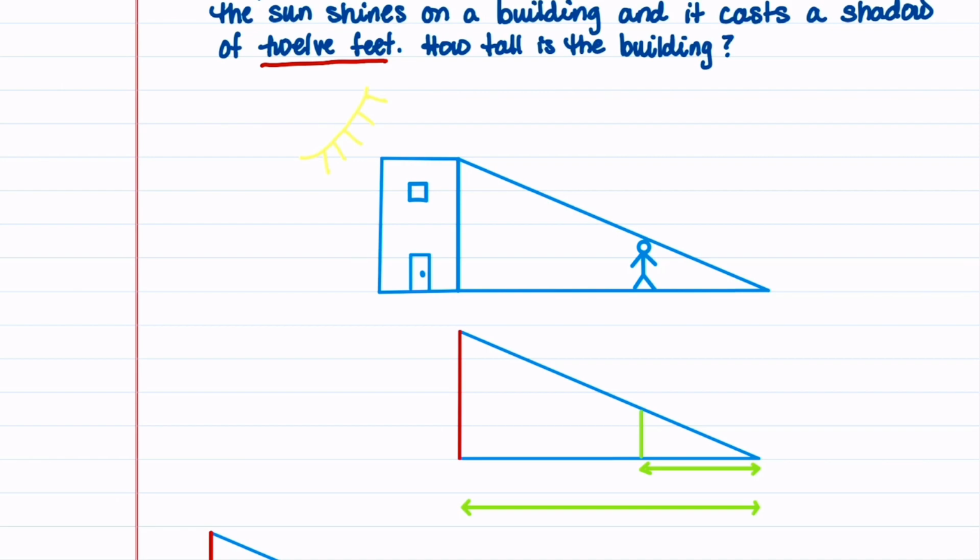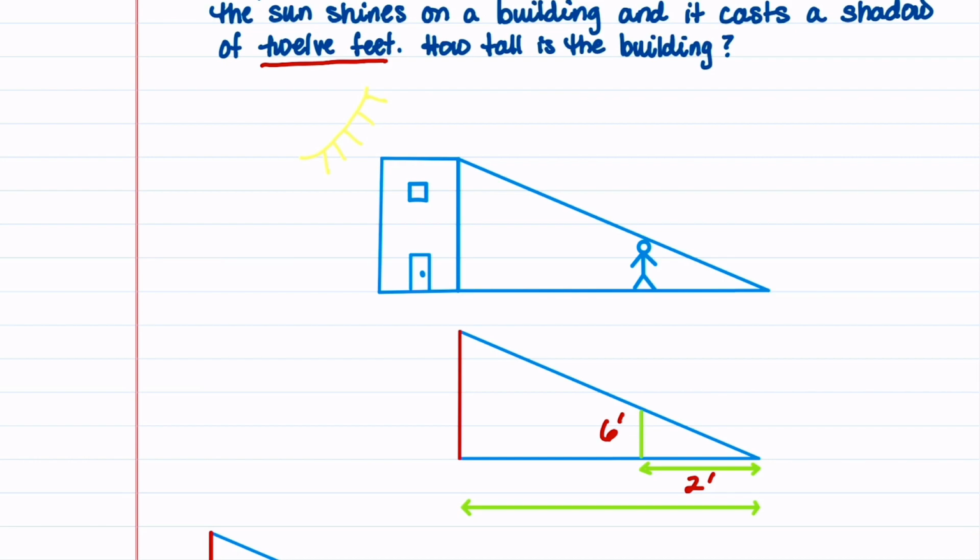In the smaller triangle, the person is 6 feet tall, so we can go ahead and label that as 6 feet. And the person's shadow is 2 feet. And you can see already that this diagram is not drawn to scale, but we won't worry about that.